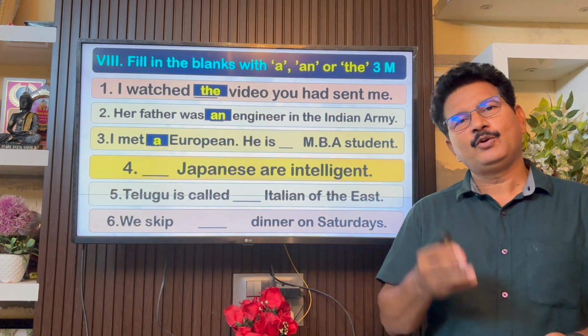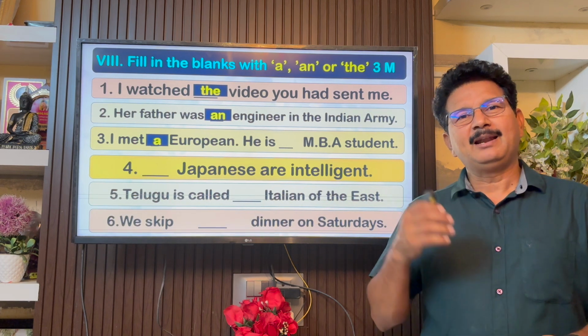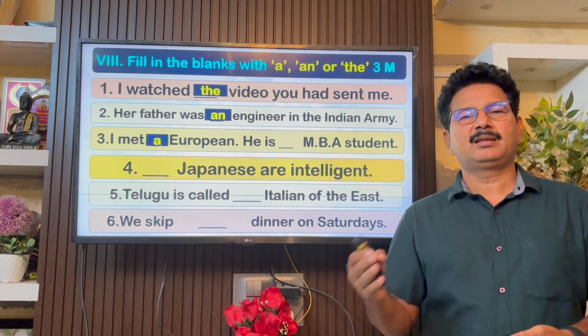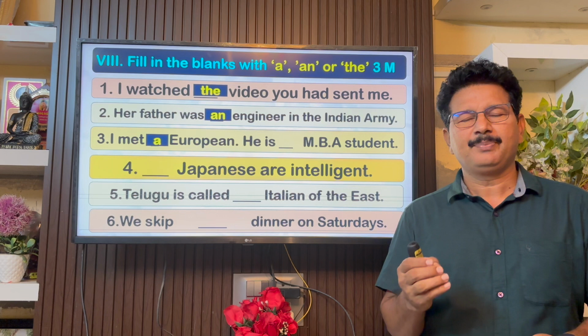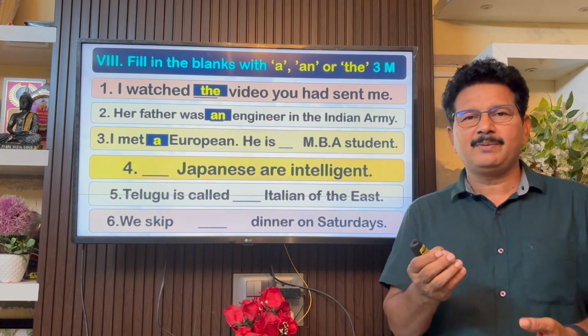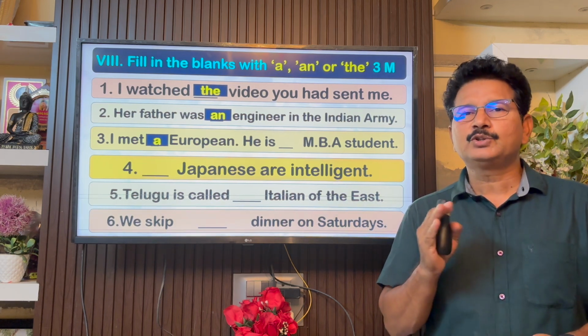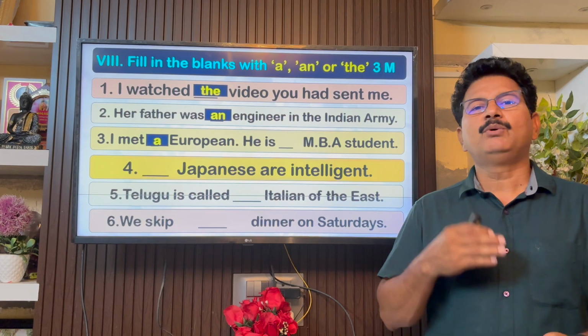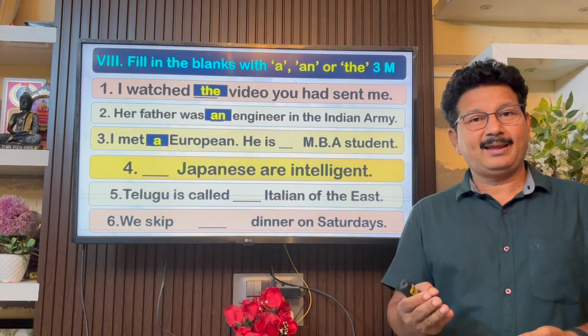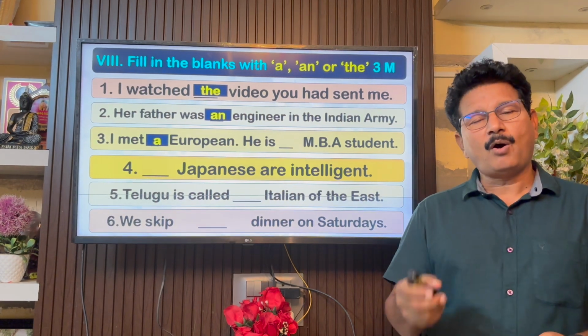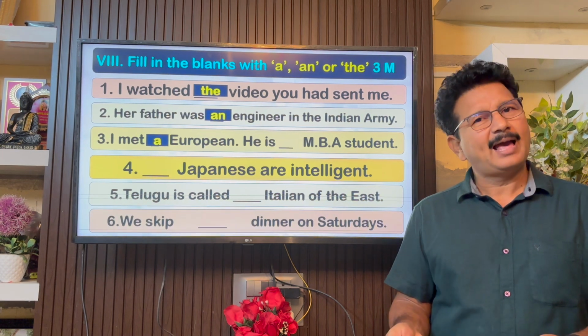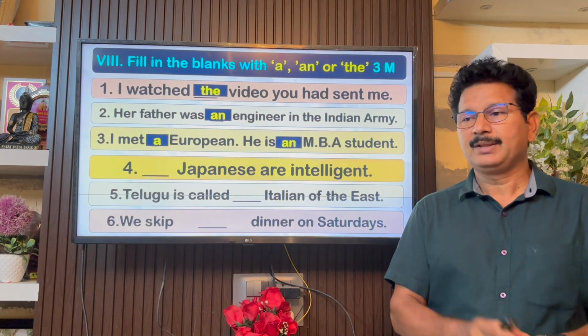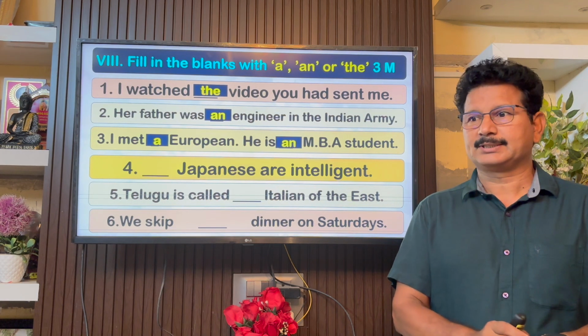At the same time, if you look at the other one, it begins with M, it's a consonant, but when you pronounce it, it will be like M. So it begins with a vowel sound. So MLA or MBA or MP, it all will go with an MBA student, right? So this is the area where you have to focus.